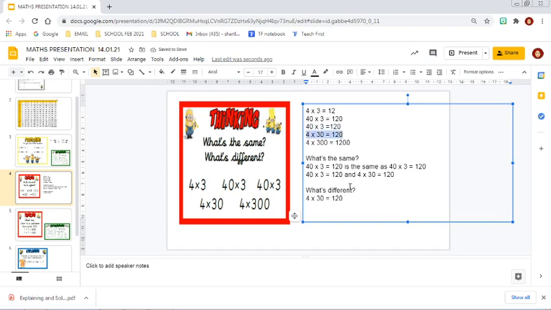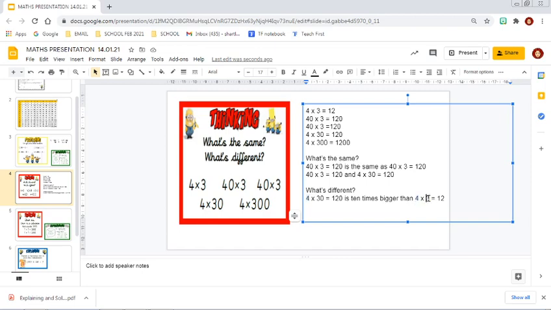And I could say that that is 10 times bigger than here, 4 multiplied by 3, which equals 12. And you can see here that the 4 is the same.